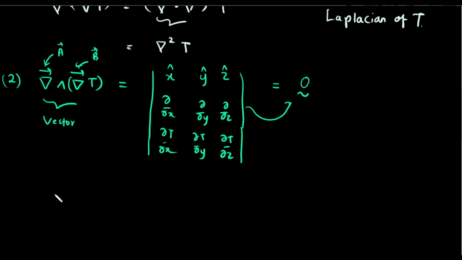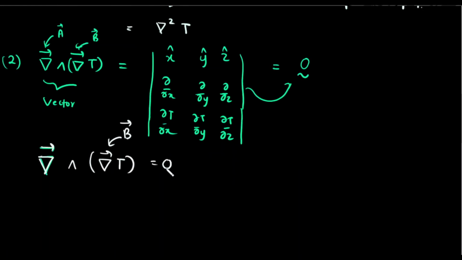So that means there is an important theory behind this. We have a del operator here and the grad T. You can call this vector B. So you know that this is equal to the null vector.